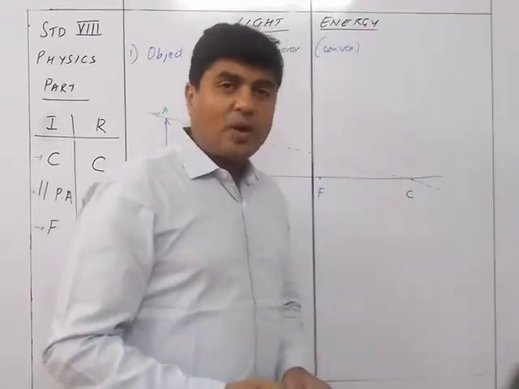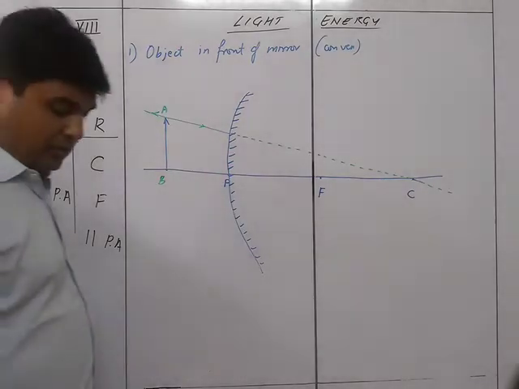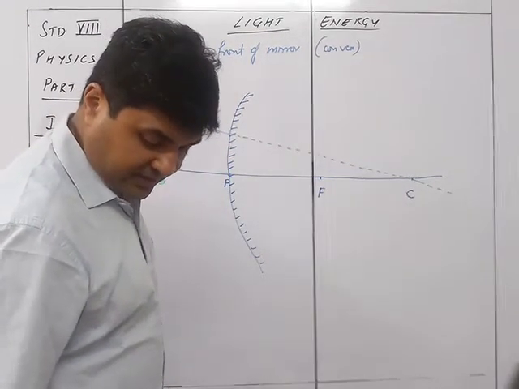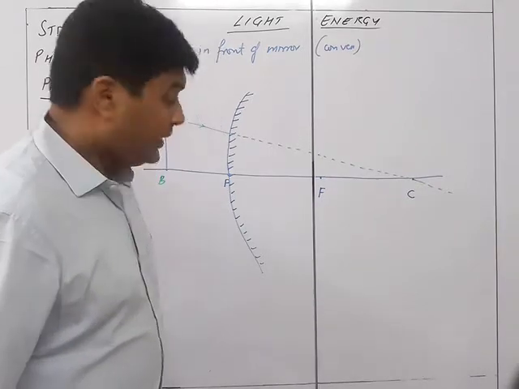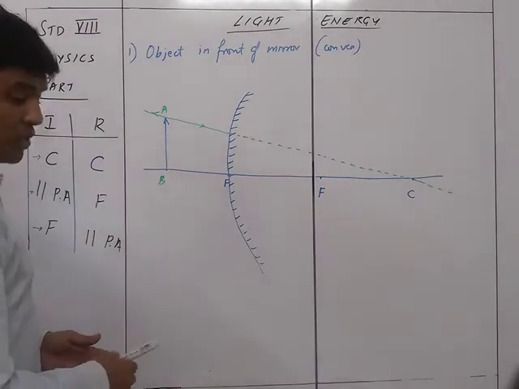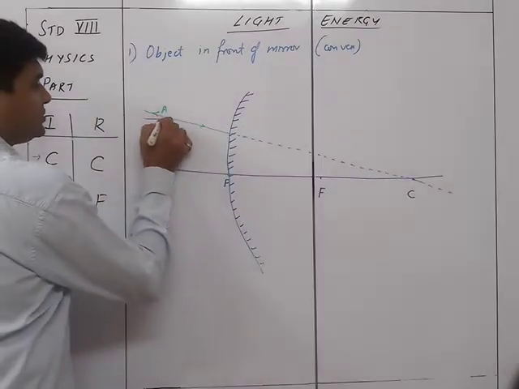Now in case of the second one, you have this particular ray of light which is going to be parallel to principal axis. So let's draw a line which is parallel to principal axis.